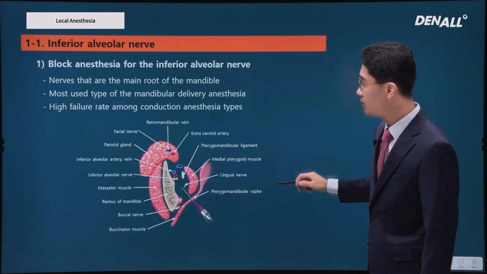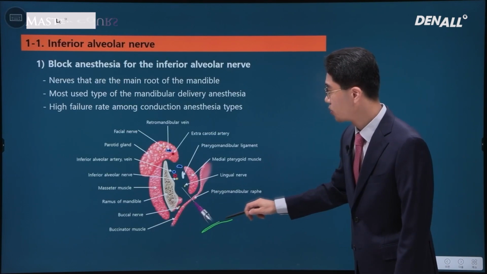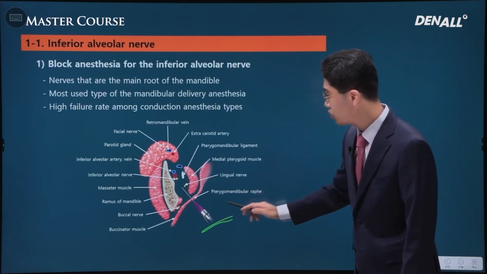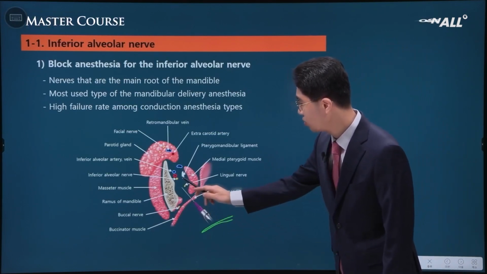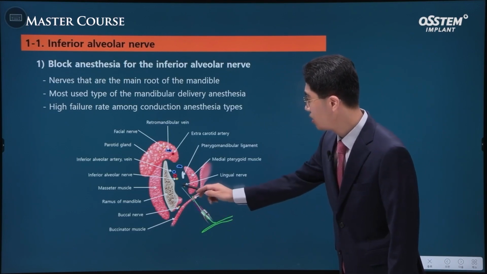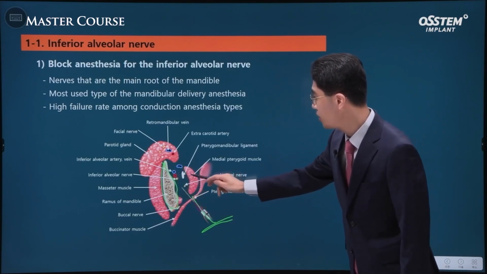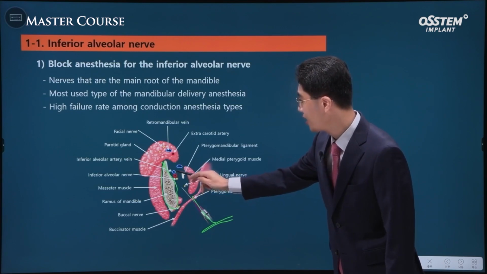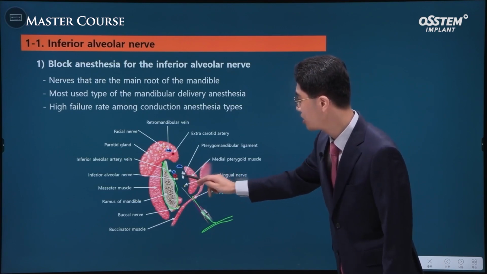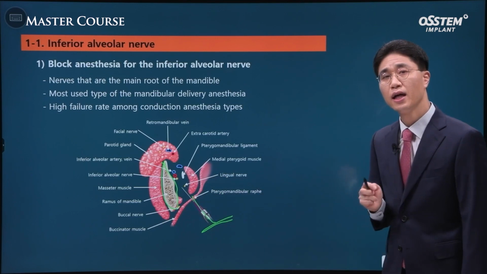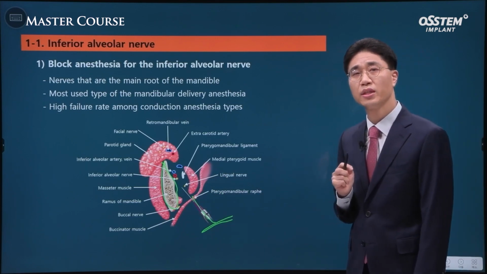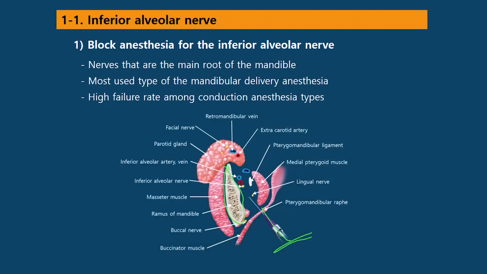As shown in this image, this is how block anesthesia is being done. Here's the mandible, and you can see nerve and artery, vessel, and muscles. When we do block anesthesia, at times we can poke a vessel or a muscle.